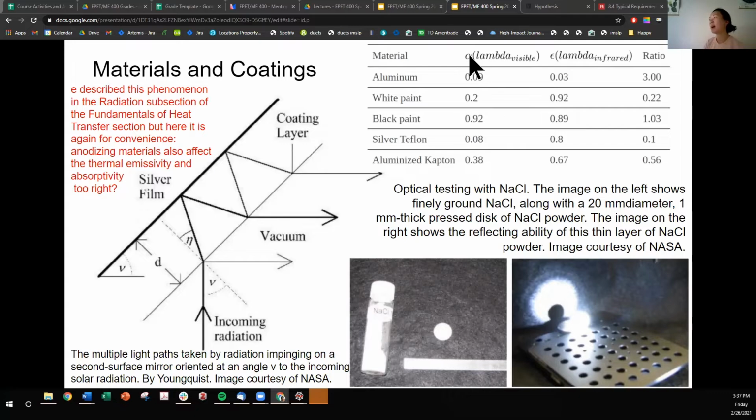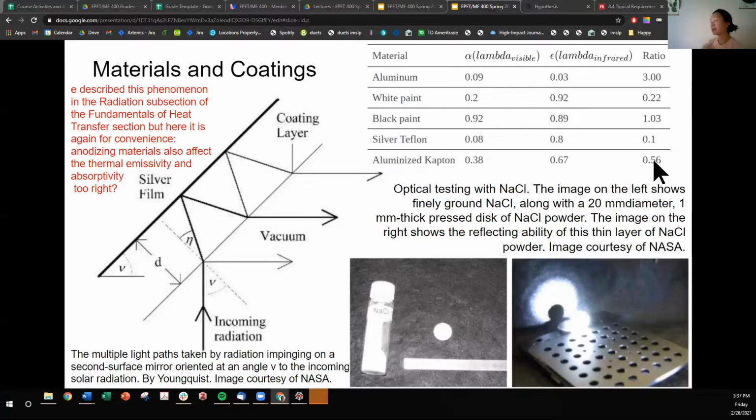Alpha, absorptivity, and epsilon, emissivity, vary from 0 to 1, where 0 is very minimal heat transfer and 1 is a lot of heat transfer. So the absolute value that these have matters. Those close to 0 are going to be more insulative, and those closer to 1 are going to be more conductive. These can vary between 0 and 1 for both absorptivity and emissivity.